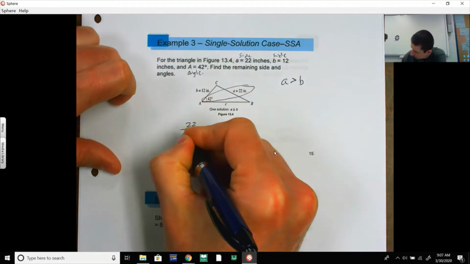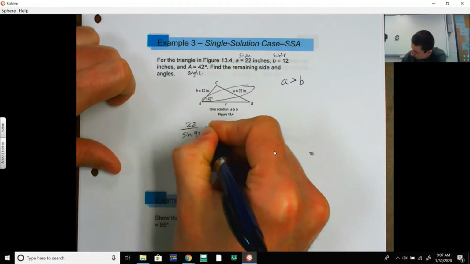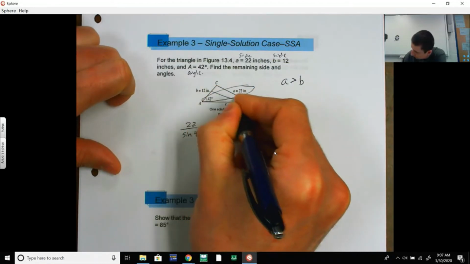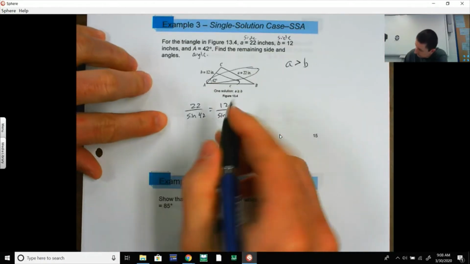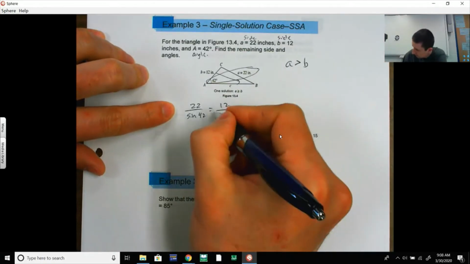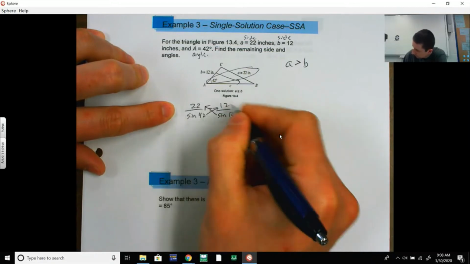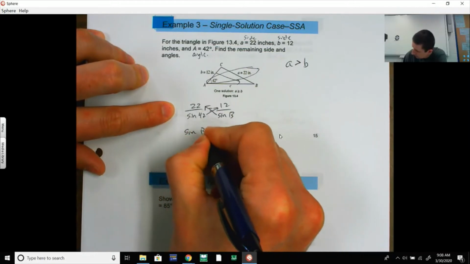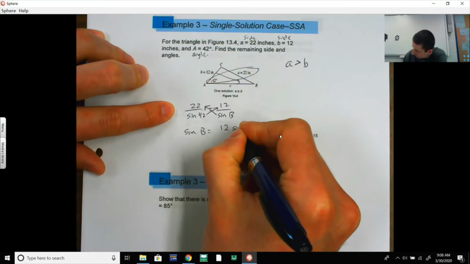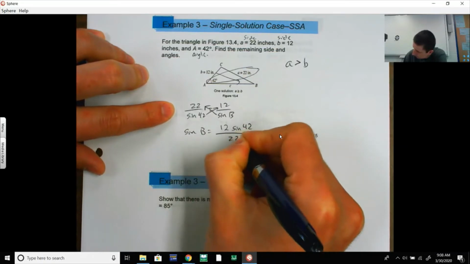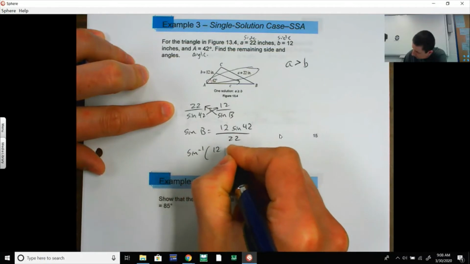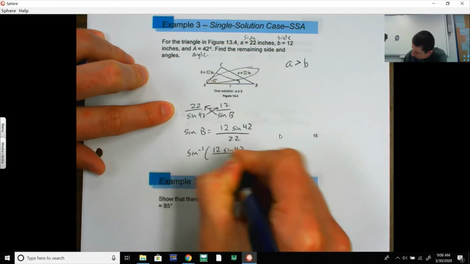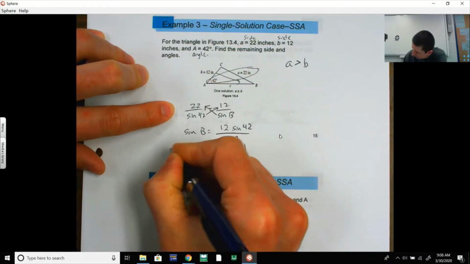22 over the sine of 42 equals 12 over the sine of B. This one should work out better for us. Okay, so I'm going to multiply across, the 22 is going to come over, so the sine of B equals 12 times the sine of 42 divided by 22, and so we need the inverse sine of 12 sine 42 divided by 22. That's what B equals.